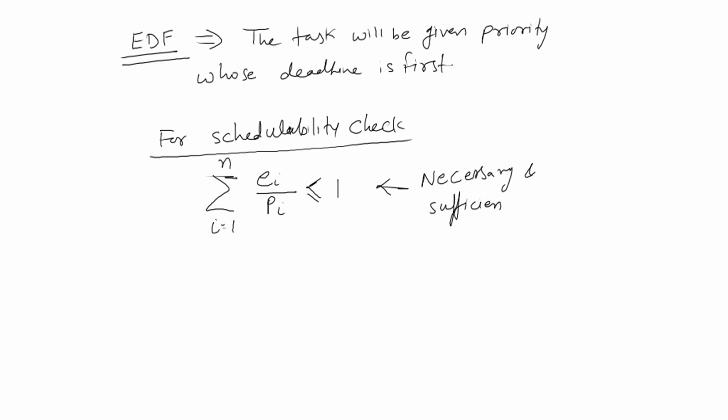If this condition is satisfied, you can certainly schedule the tasks. If it is not satisfied, you cannot schedule them. This schedulability check also holds in the case of the least laxity first algorithm. Now we will take an example for EDF.